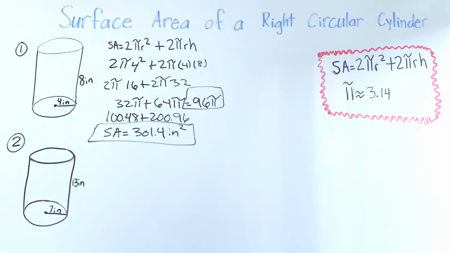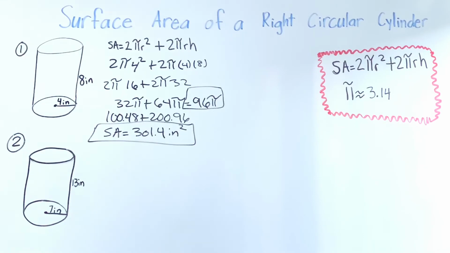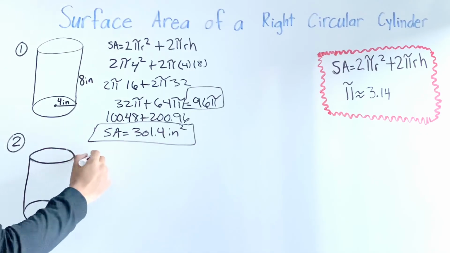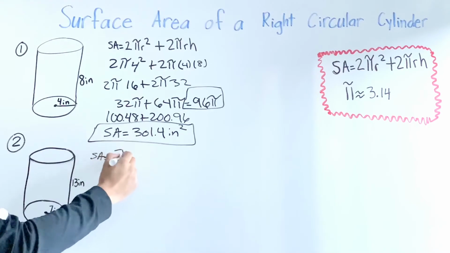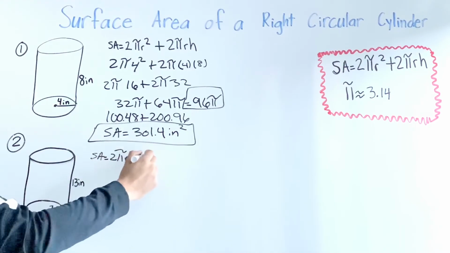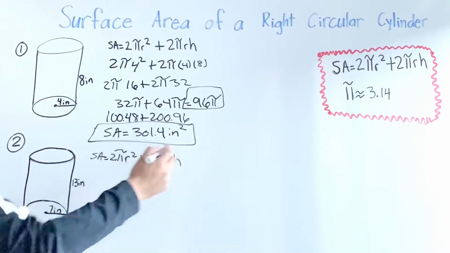So for number 2, we're going to do it the same way as number 1, step by step. We put our formula as A equals 2 pi r squared plus 2 pi r times your height.